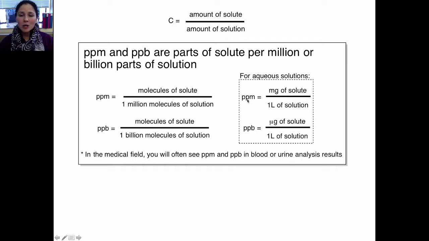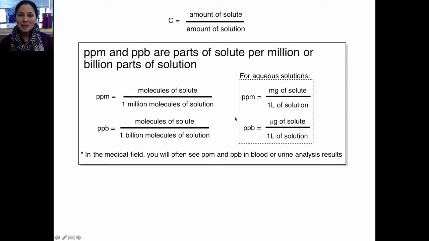If you remember that parts per million in an aqueous solution or in a solution of water is the same as milligrams of solute per liter of solution, then you can usually go through less unit conversion than if you have to convert all the way to million molecules of solution. And the same thing for parts per billion. If you can remember that parts per billion is the same as the units of micrograms of solute per liter of solution, sometimes the problems are easier to solve.